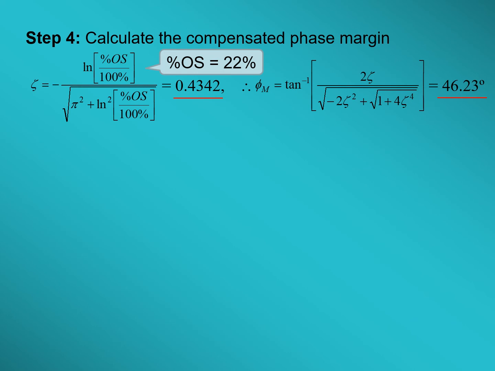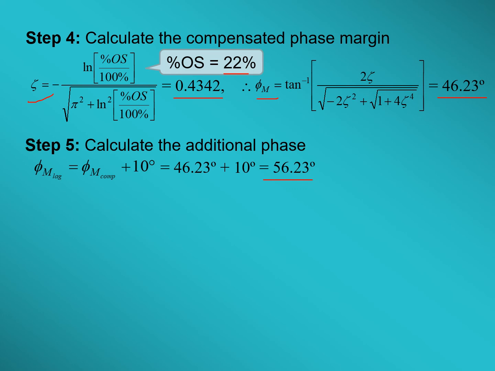Given the overshoot of 22%, you can calculate the damping ratio, which is 0.4342. From the damping ratio, you can calculate phi m, 46.23 degrees. Step number 5, calculate the additional phase, phi m lag, which is 56.23 degrees.